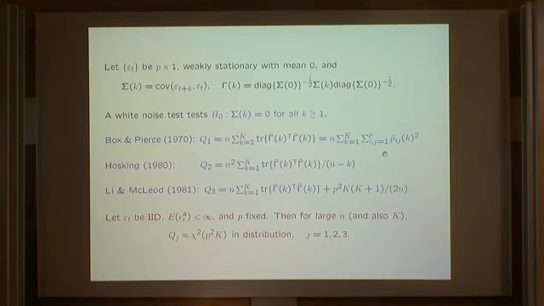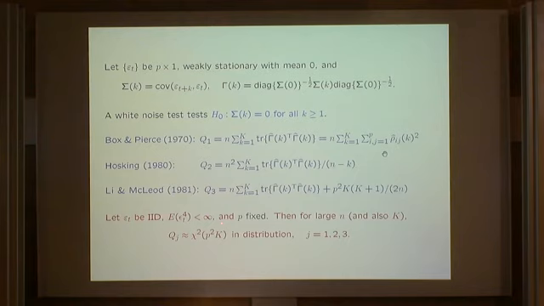But nevertheless, as we can see, if you let capital K go to infinity at a slower rate than n, those three statistics are asymptotically equivalent. And they all have a chi-square approximation if epsilon t is IID.